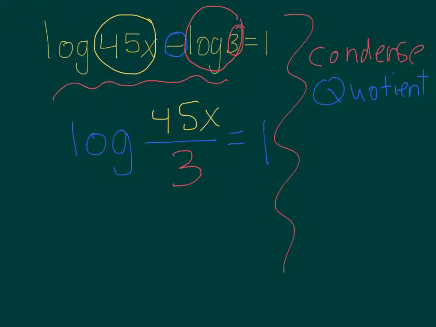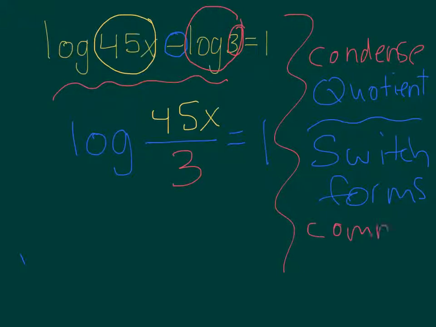Once you have condensed it to a single log, then what you want to do is switch forms. So you need to remember that when you have a log and you don't see a base, that means it is a common log. Common log always has base 10.